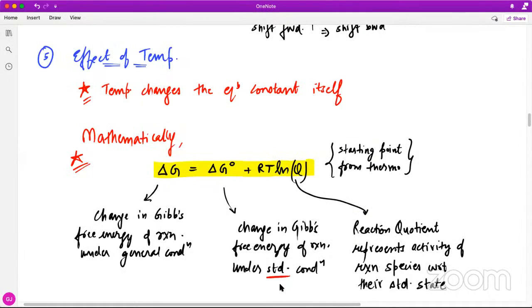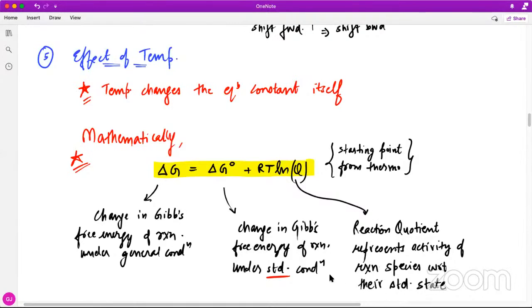Right, गैसेस के लिए partial pressure 1 bar, molar species या dissolved species के लिए molar concentration 1 molar, है ना?